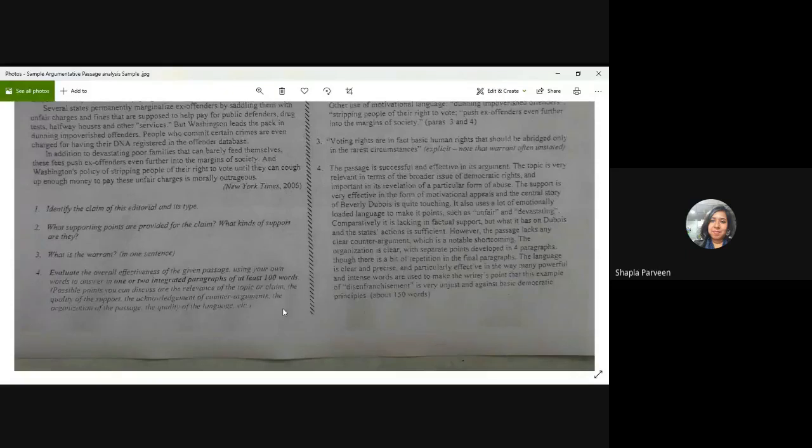And that is actually one of the weaknesses or drawbacks about this passage. So you need to identify whether there are any counter arguments or not. If there are, then mention it, that it's clear, and so the passage is effective. If there are no counter arguments, then you should mention that that's one of the drawbacks or weaknesses of the passage, because of the lack of a counter argument.